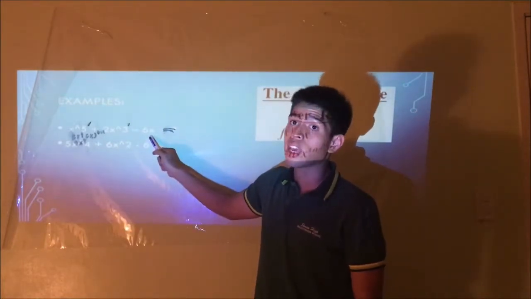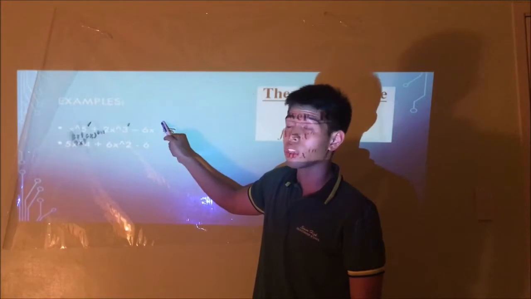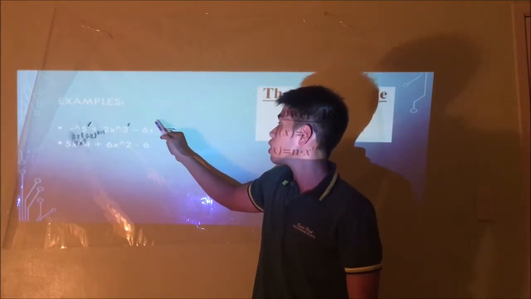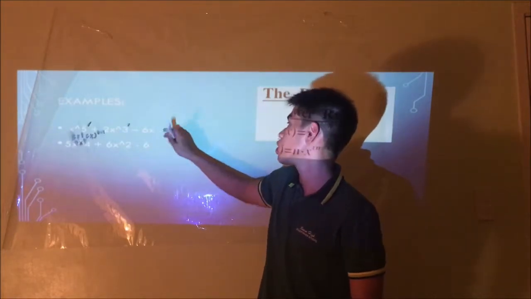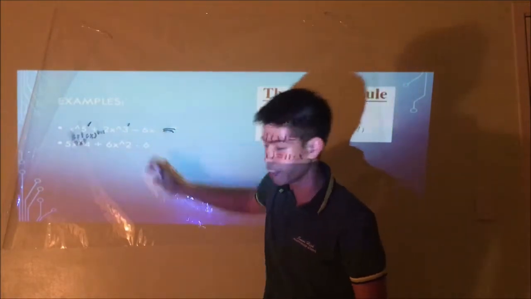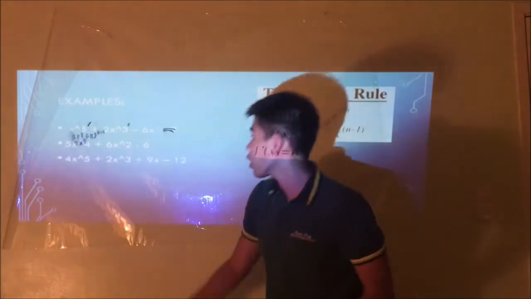For 6x this time, since x is raised to 1, it's simply 1 times 6, that's going to give you 6, then 1 minus 1, that's going to be 0, so x will be disregarded. And this is your final answer.